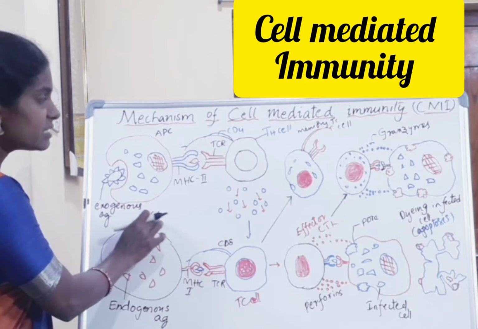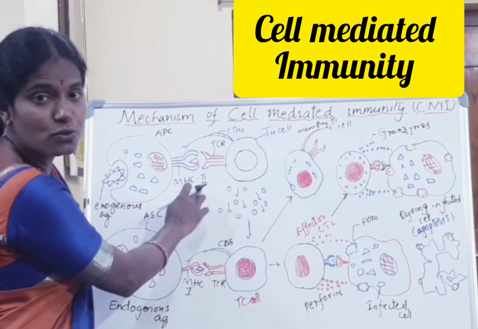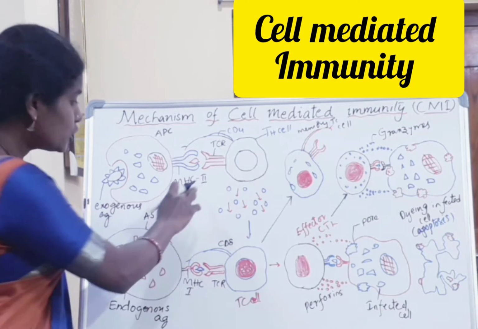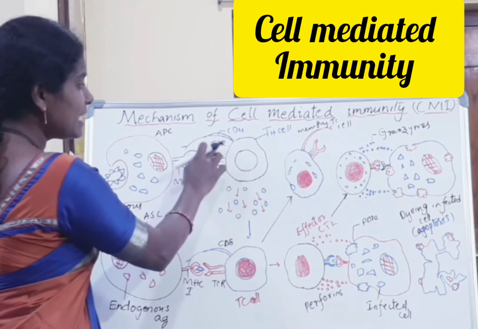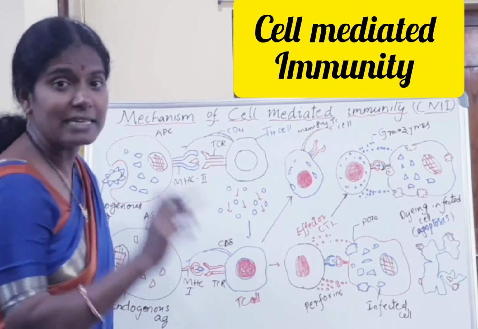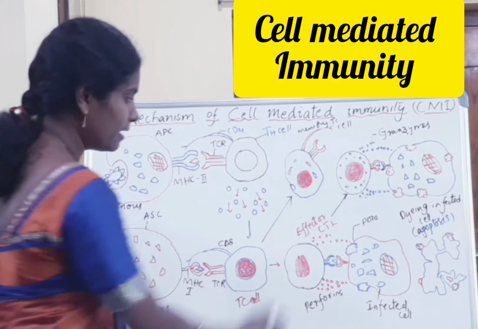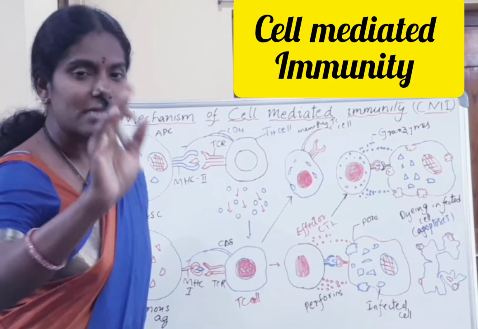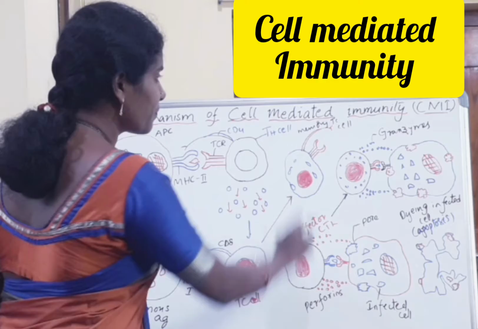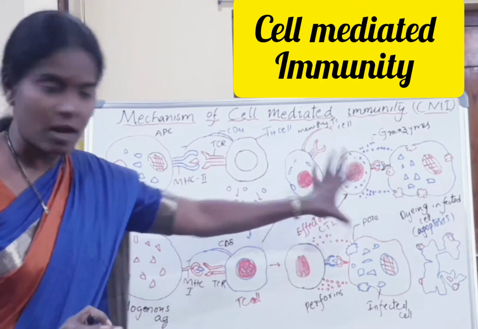ASC, altered self cells. MHC, major histocompatibility complex, 2 and then 1. TCR, T cell receptor. TH cell, T helper cell. TC cell, T cytotoxic cell. CTL, cytotoxic T lymphocytes. These are some of the technical words related to our concept.